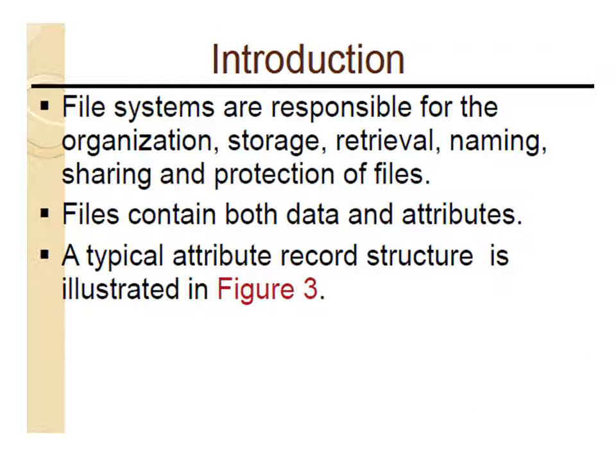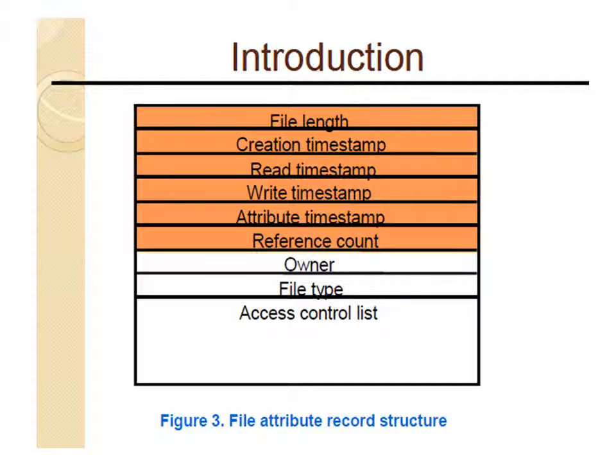File systems are responsible for the organization, storage, retrieval, naming, sharing, and protection of files. Files contain both data and attributes. A typical attribute record structure is illustrated in the next figure. This is the file attribute record structure.